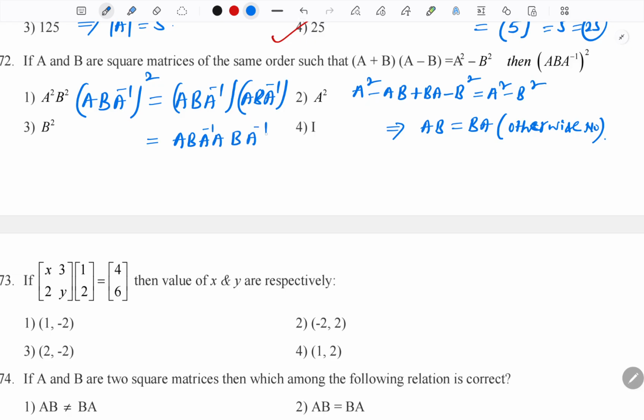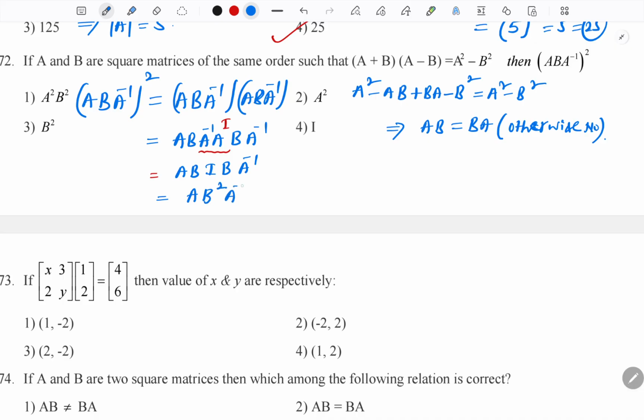This one we know, right? What is A inverse A answer? I, right? Okay, substitute. Then AB I B A inverse, right? And also I into anything, right? So we will get AB B A inverse.